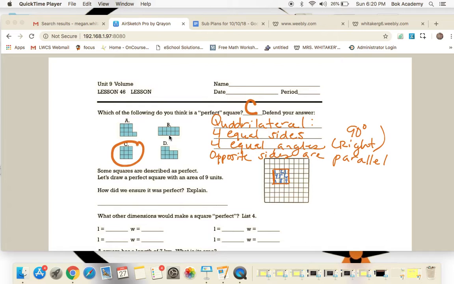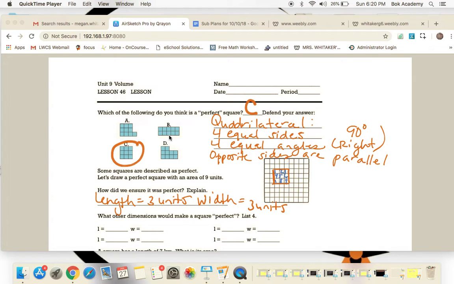How do we ensure it was perfect? Explain. Well, we know it's perfect because the length is equal to 3 units, and the width is equal to 3 units.